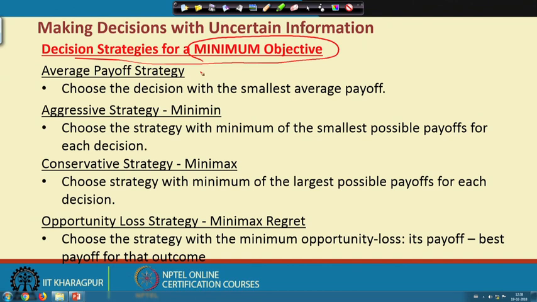Here we choose the strategy with the minimum opportunity loss, that is, the best payoff for that outcome. So, these are all the various possible strategies or criteria through which you can make decisions to address the business problem and come up with a management decision through which you can effectively analyze the business scenario.